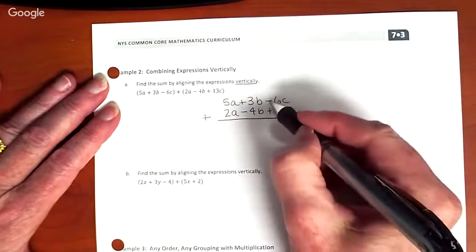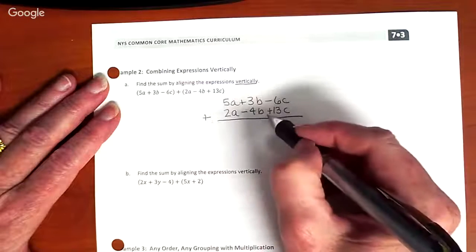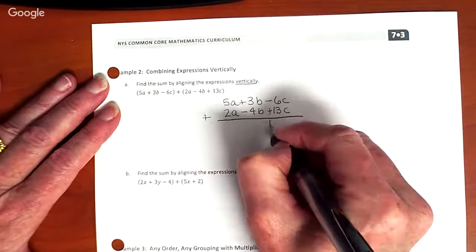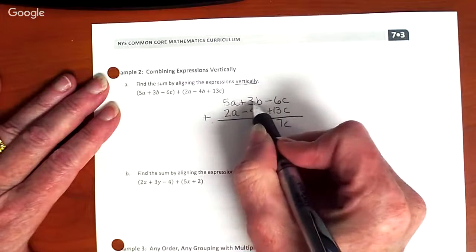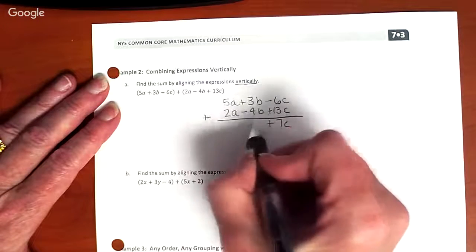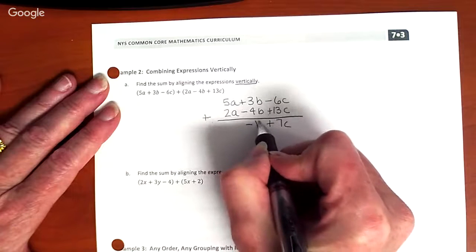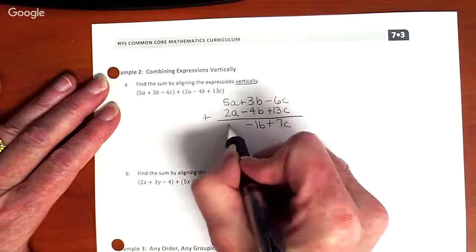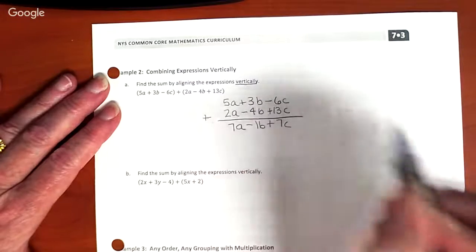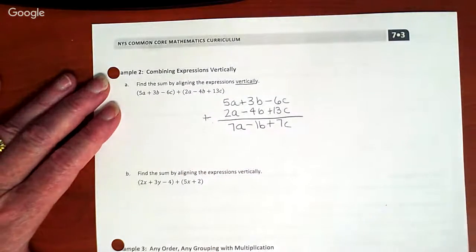We have negative 6 plus positive 13 is a positive 7c. Positive 3 plus a negative 4 is a negative 1b. 5 plus 2 is 7a. And that is our answer.